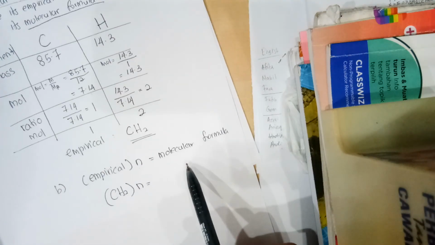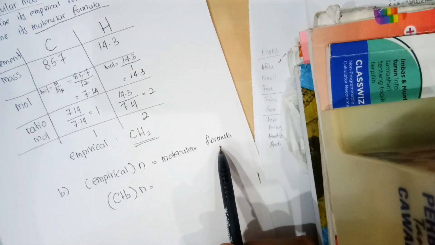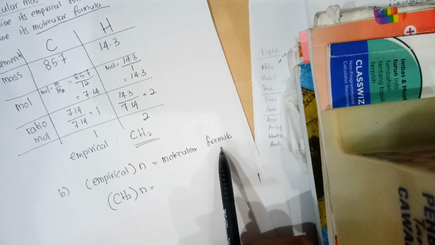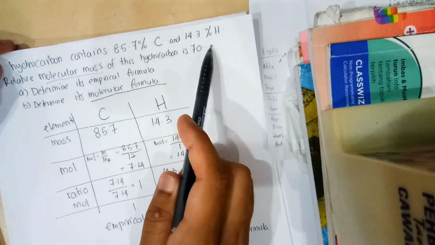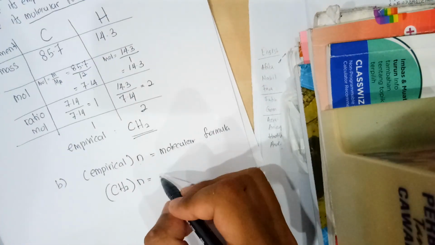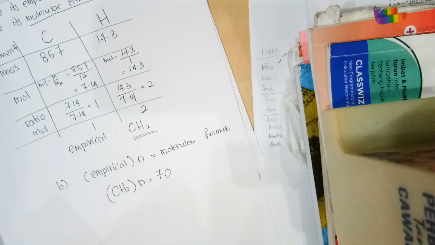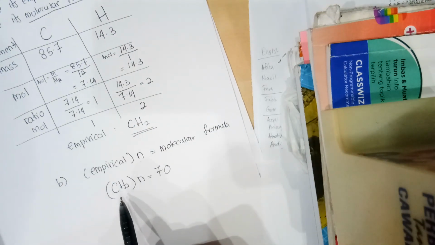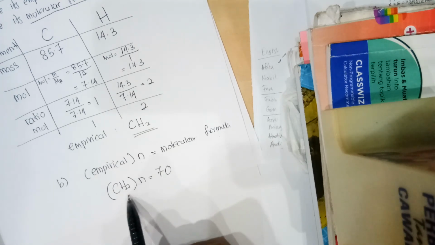You don't know the molecular formula, but what you know is its molecular mass, which as mentioned in the question is 70. So here I put 70. For the empirical formula, you can determine its mass.